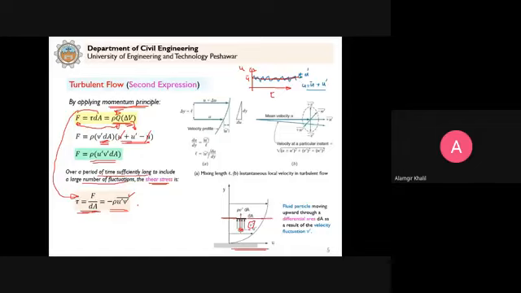Clear? So this shear stress is equal to minus rho into u dash v dash bar. We are averaging this over a time sufficiently long to include all the fluctuations. Clear? Because these u dash v dash are the fluctuations. And in modern turbulence theory, this component is known as the Reynolds stress.